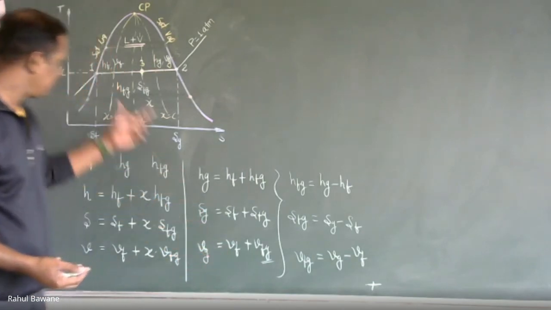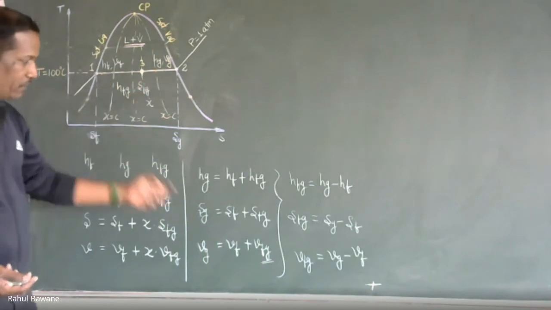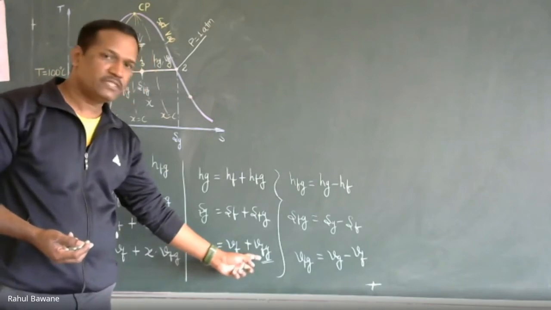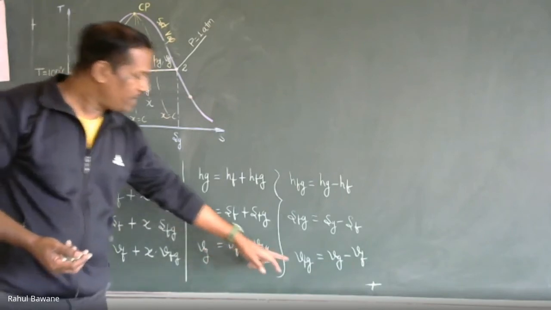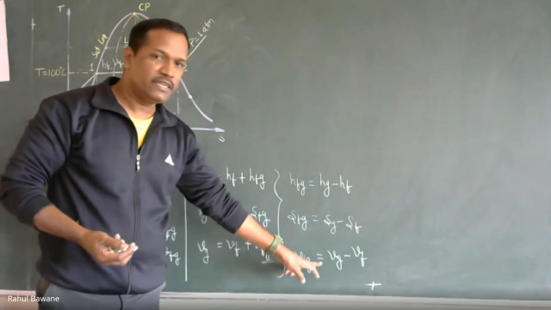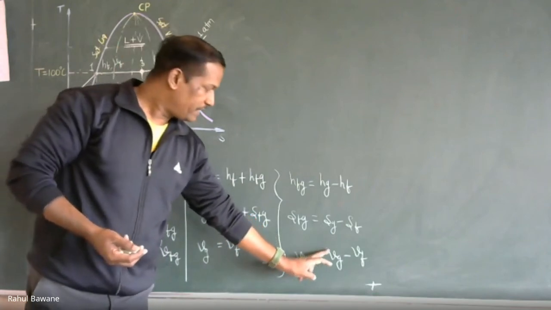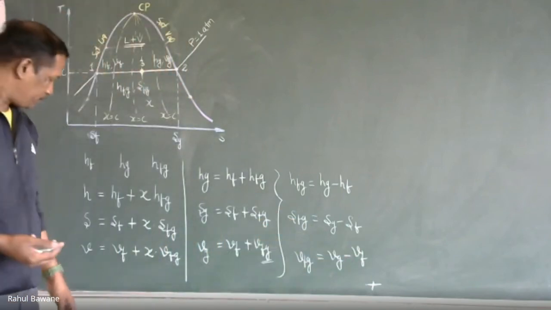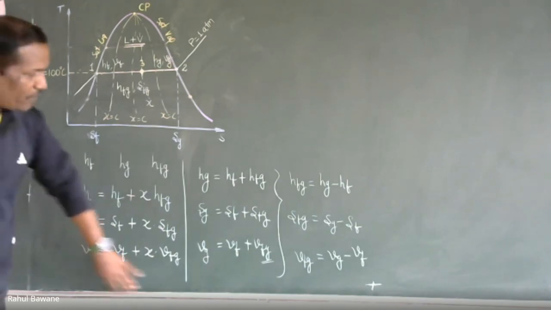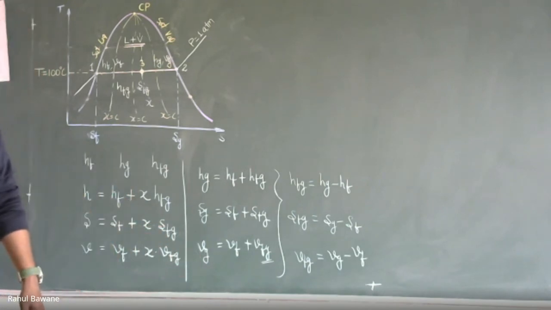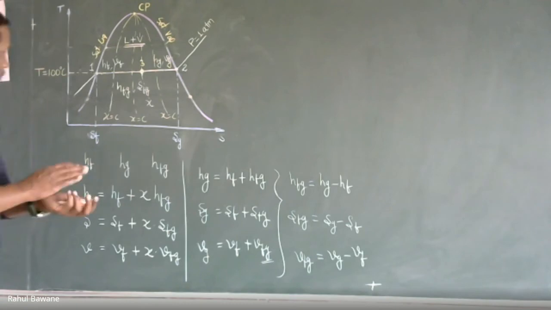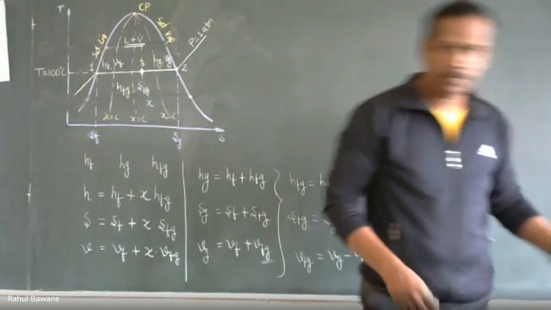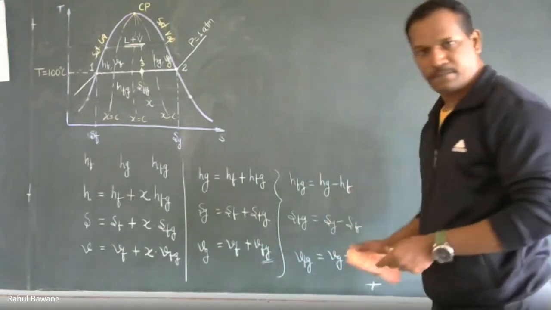Whenever it is wet steam, we require Vfg. If there is no column in the steam table for Vfg, we rearrange this and simply take the value of Vg minus Vf. So these are the formulas we require. Let's see one numerical, so all these points will be clear.